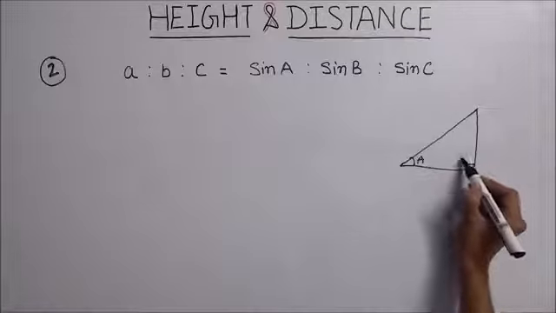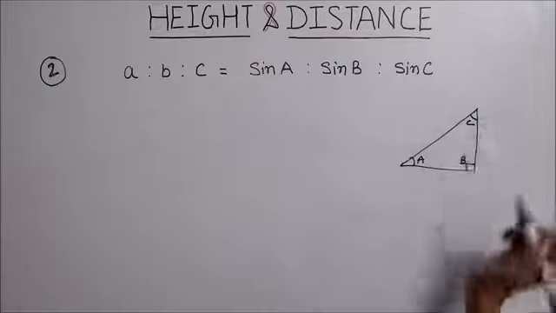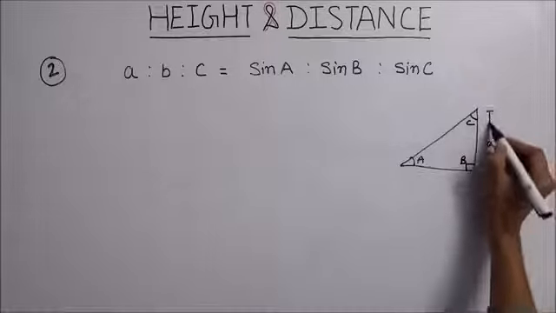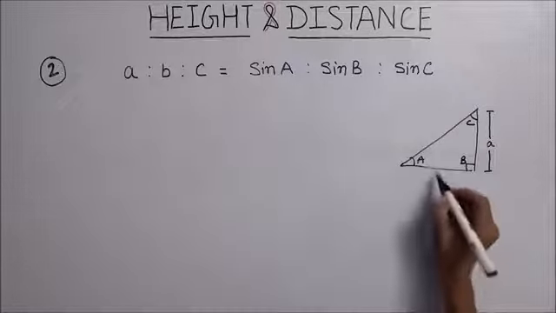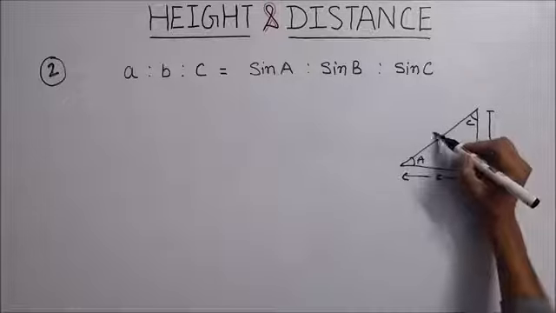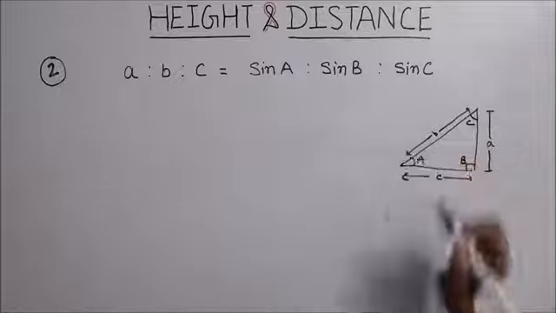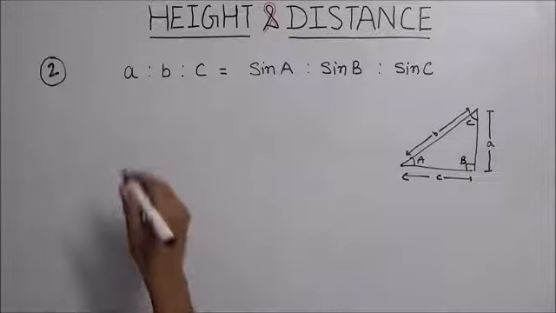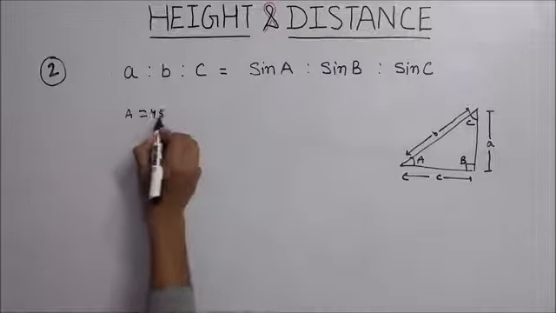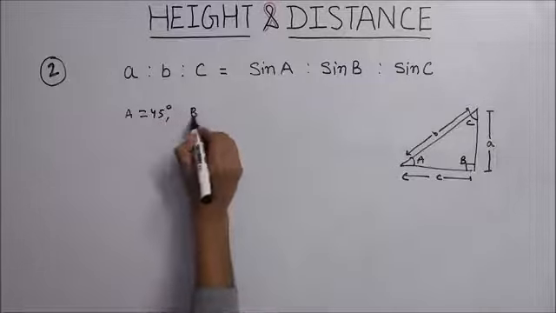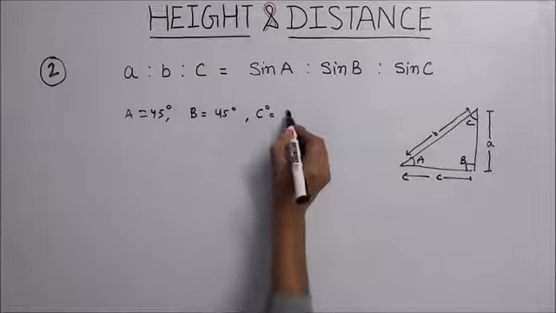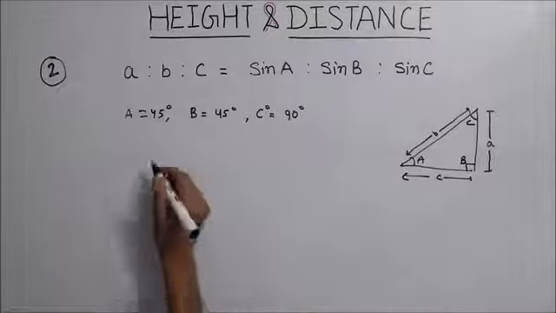This is A, this is B, and this is angle C. If you're talking about angle A, the opposite side is A. If you're talking about angle C, the opposite side is C. And if you're talking about angle B, the opposite side is B. Now this time you have to put the value of A as 45 degrees, the value of B as 45, and the value of C as 90 degrees.